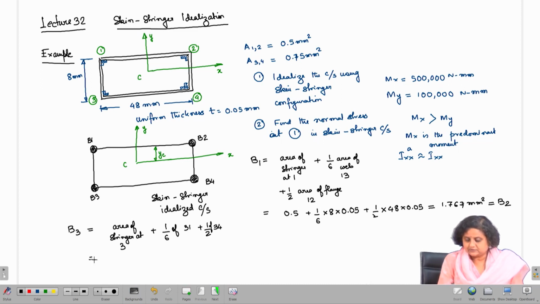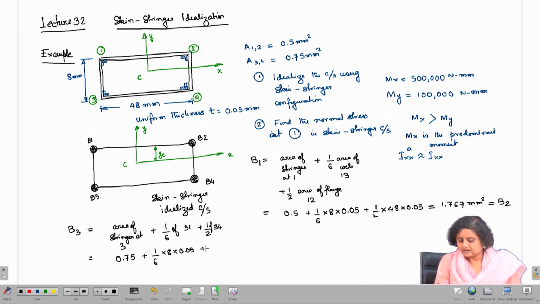Now, if we substitute the values, the stringer at 3 is 0.75 millimeter square, and then we have 1/6 of 3/1, which is 8, into 0.05, plus half of 3/4, which is 48, into 0.05, and that turns out to be 2.017 millimeter square, which again because of symmetry is going to be equal to B4.